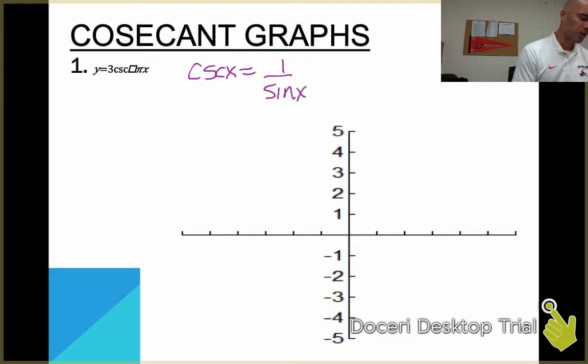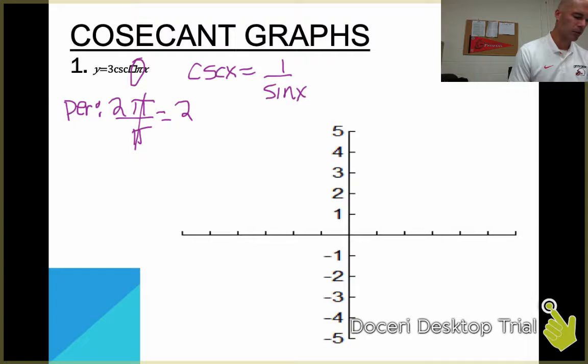The period for sine is 2 pi over the b value, and the b value is the coefficient of your x. So this would be 2 pi over pi, so my period is going to be 2. My amplitude is the absolute value of the coefficient, so the absolute value of 3 is 3.